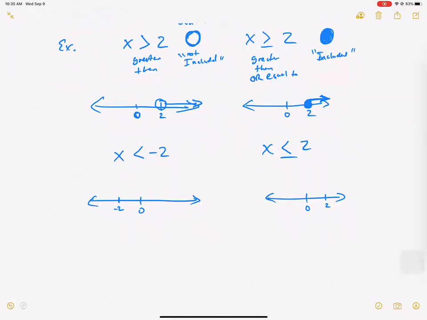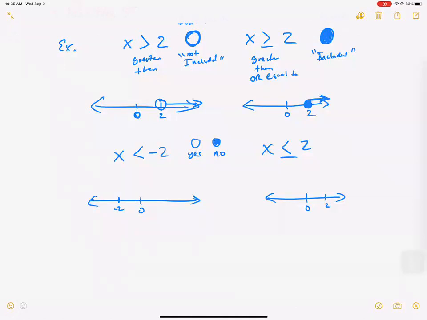So my first option here, would I choose a hollow or solid circle? In the participants window, if you think this is hollow, click yes, and if you think this is solid, click no. Please do that right now for me. Would I use a hollow or solid to graph this? So this is less than.